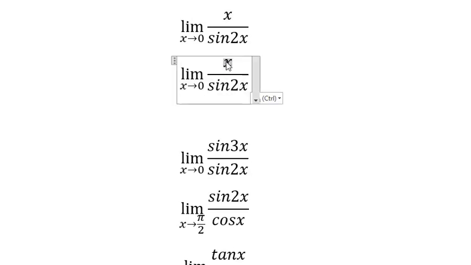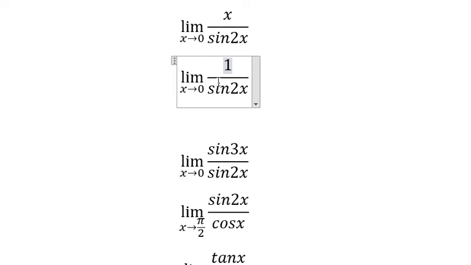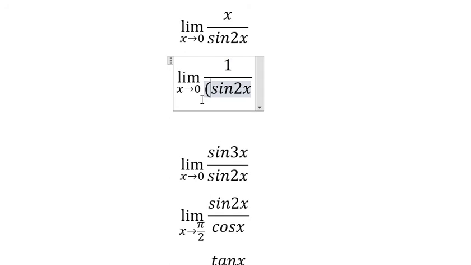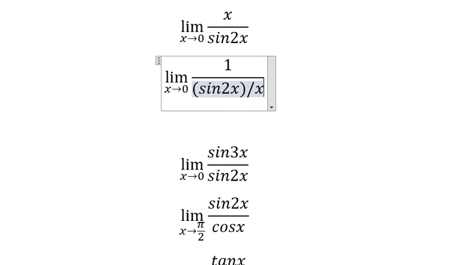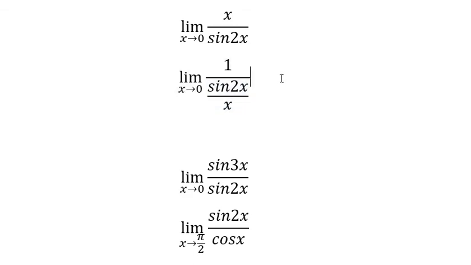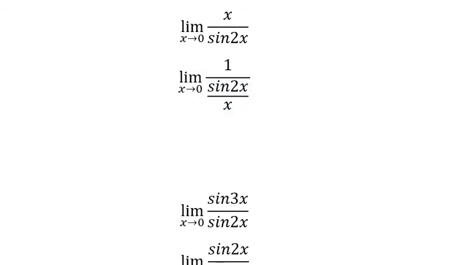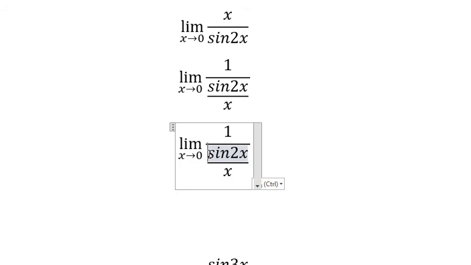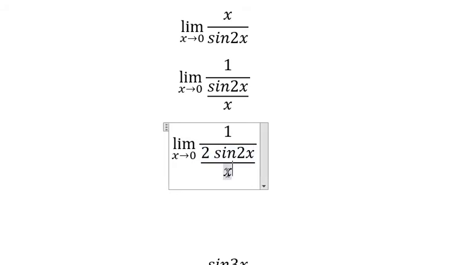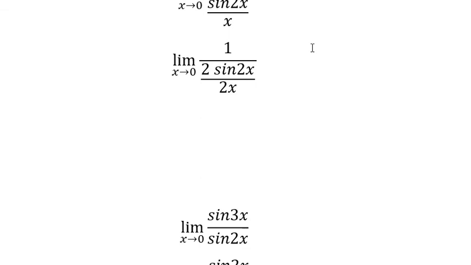About x, I can put into the denominator. So you get 1 over sine of 2x over x. That should be like this. Next, I will put number 2 on the numerator and denominator. Now, we have the formula here.